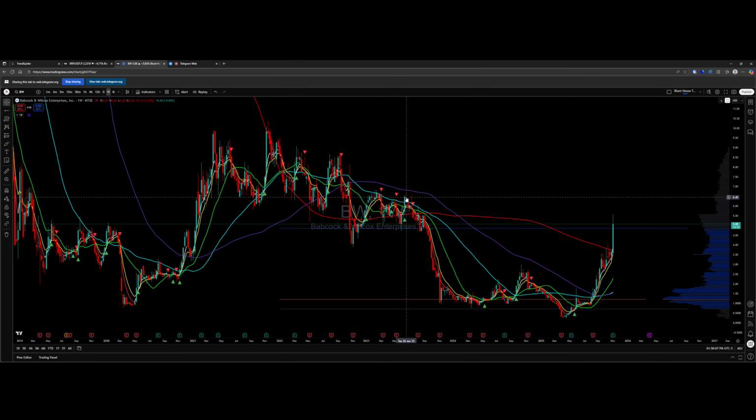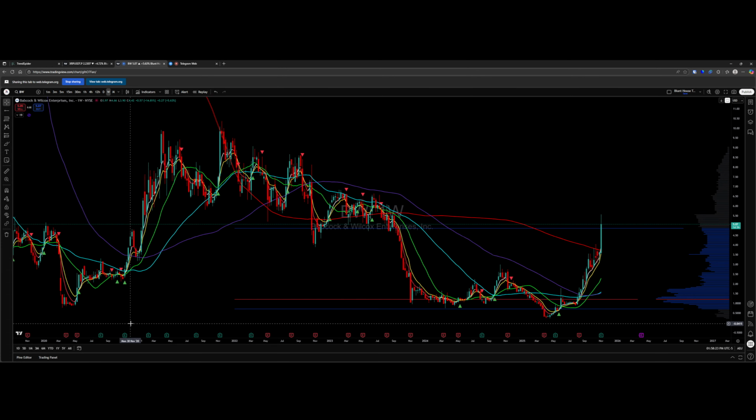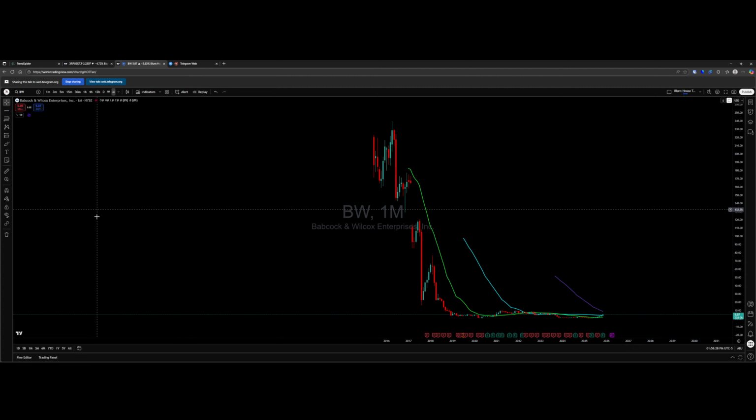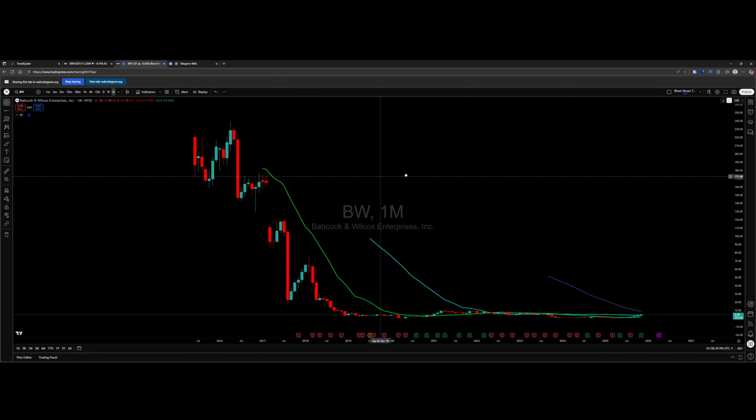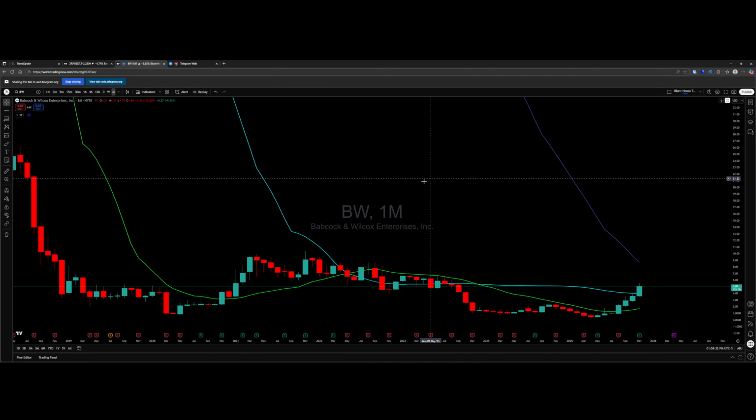A previous wave's high. When it broke this one, it had to run to find the next one. Breaking the 200, this is a nice chart now. The dog's breakfast for years and years and years, and then all of a sudden, a nice chart.